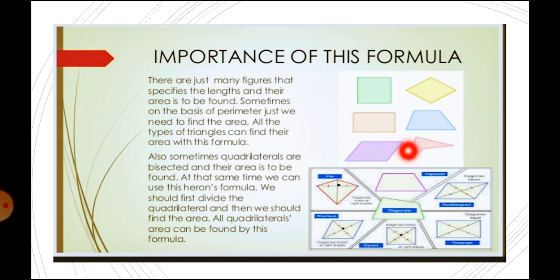Also, sometimes quadrilaterals are bisected and their area is to be found. At that time, we can use Heron's formula. We should first divide the quadrilateral and then find the area. All quadrilaterals' area can be found by this formula.